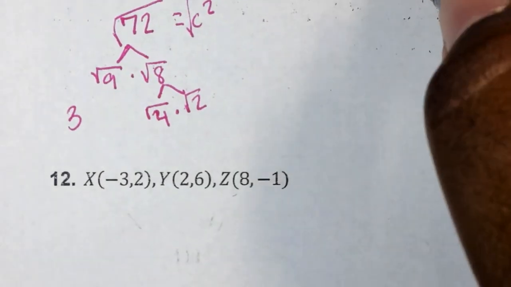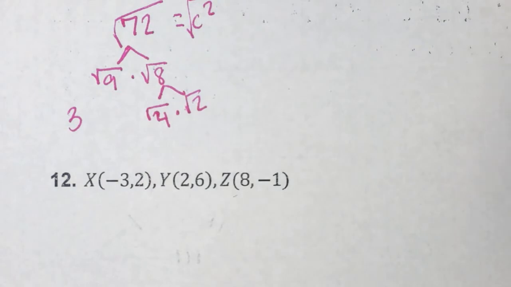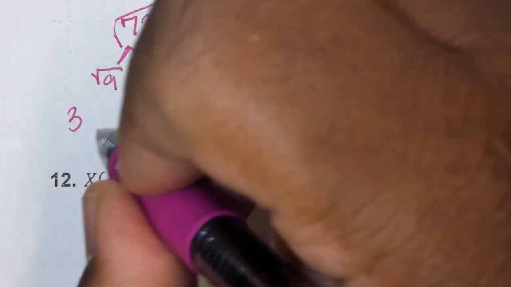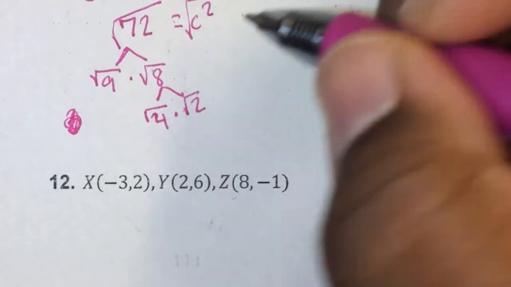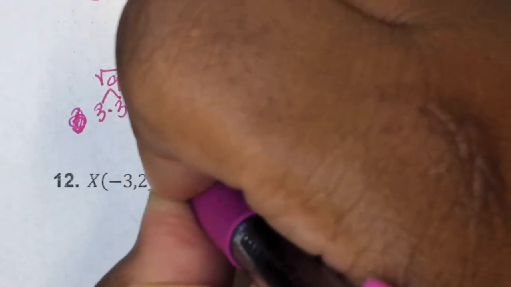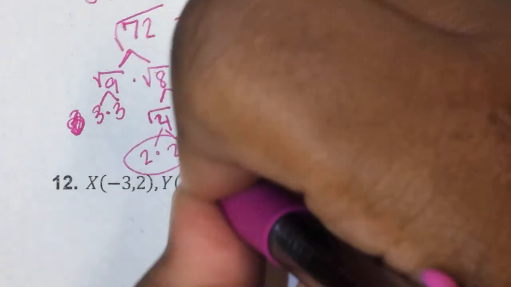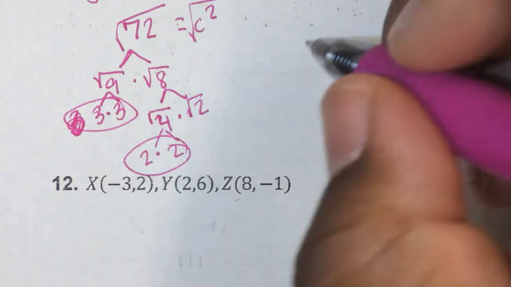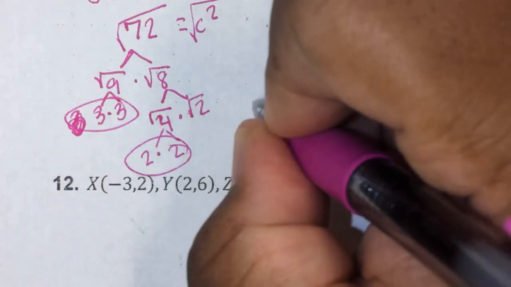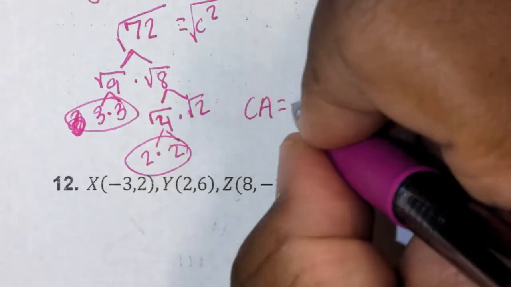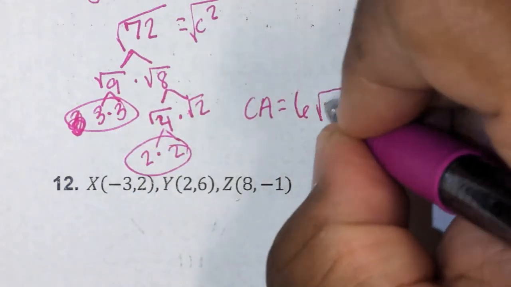I wasn't showing y'all that. Sorry. Then we can take the square root of 4. That'll be a 2. So let me scratch that out. Let me do my double 3s and then my double 2s like y'all used to. Circle, circle, doubles, my doubles. Both of those coming out. So my answer for this one, CA, would be, on the outside, 3 times 2, so y'all should know that's 6 square root 2.